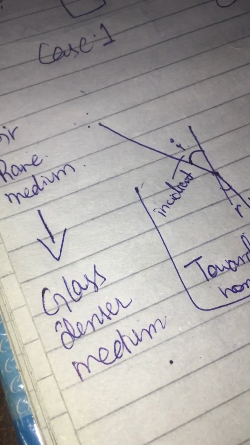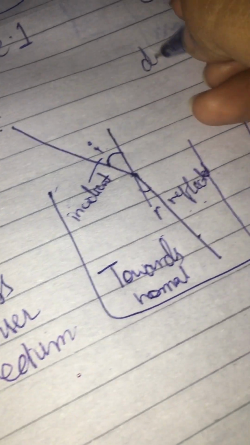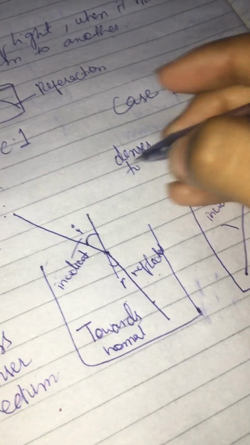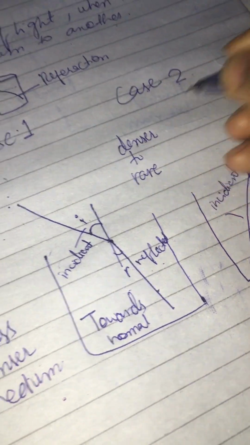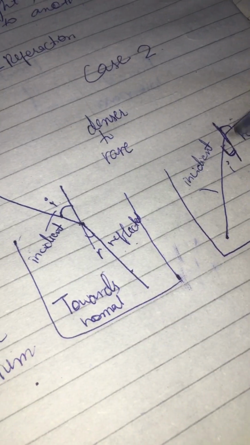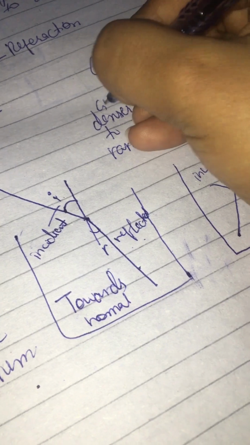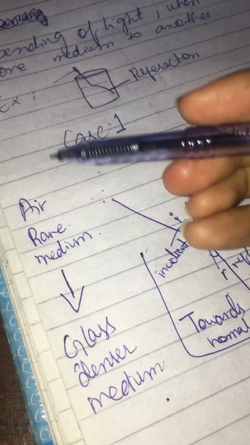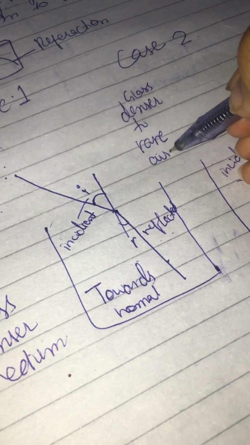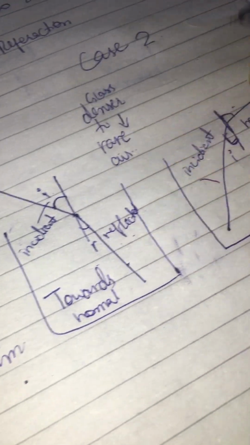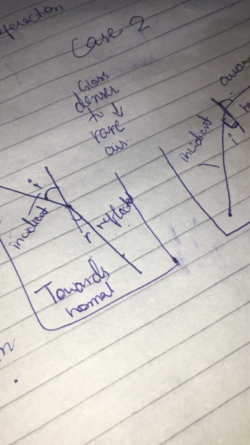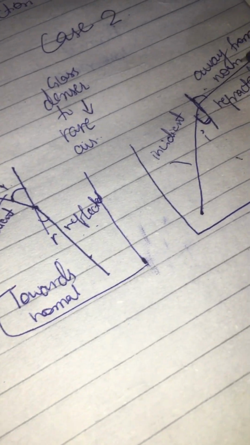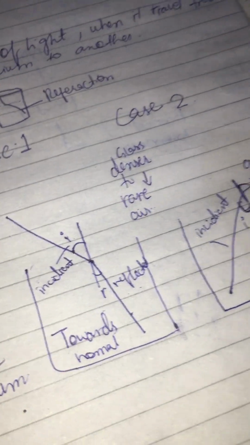But when it moves from the denser to the rare, or we can even say from the glass to air, let me write glass to air, don't get confused, I have written the same thing here. So glass to air, that would be away from the normal. Okay, so these were the cases.